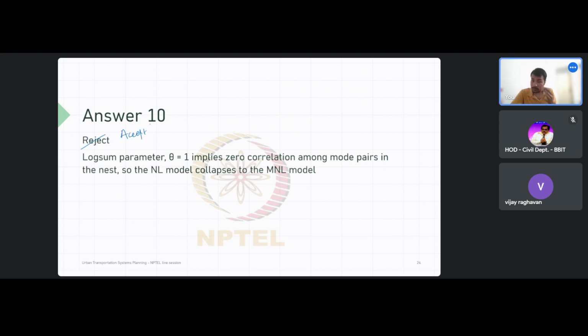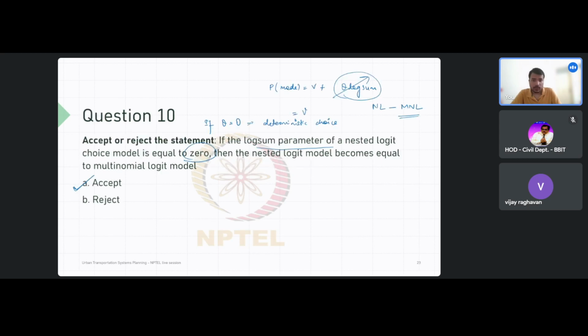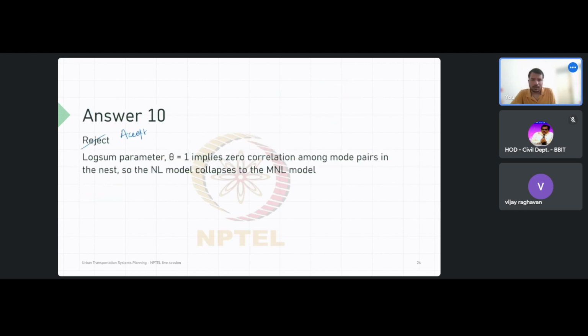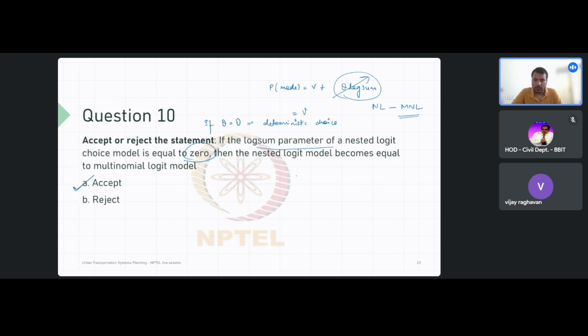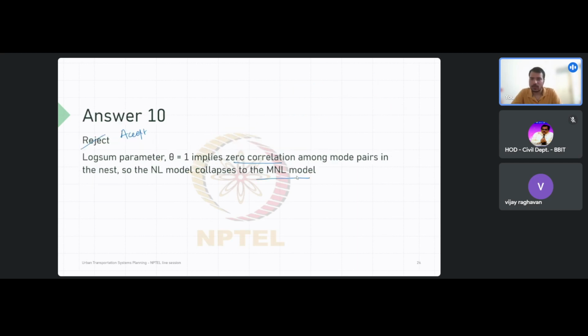So the log sum parameter, just a second. Yeah, it implies zero correlation among the mode pairs, and the model will collapse to the MNL model. So I think here it was written reject, but it should be accept.